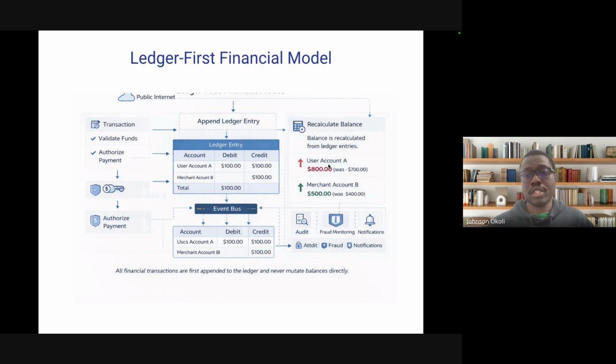It debits user account A of 100, and then credits that value to account B, which was previously 400. Ensure that all these activities are logged, and also notifications, where you notify user A that your account was debited and user B that your account was credited, and then fraud anomaly detection to catch suspicious or unwanted transactions too.